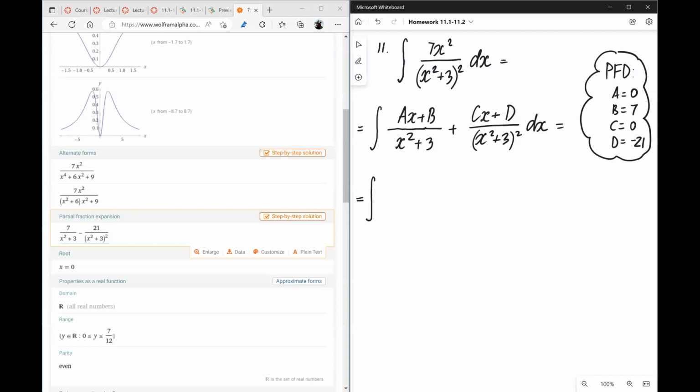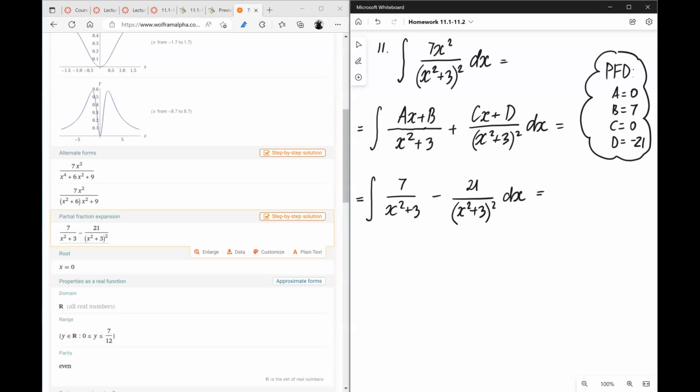So my integral is actually 7 divided by (x squared plus 3), or we can take that out and write it as minus 21 over (x squared plus 3) squared.